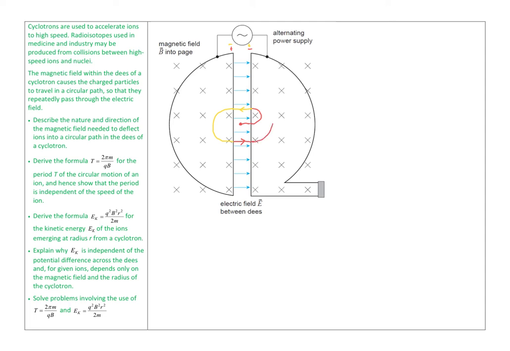It's moving a bit faster, so the radius will be even a bit bigger. It'll get to this point, it will have flipped, it'll go across here, it'll gain some more velocity or some more energy due to the electric field caused by the potential difference between those two Ds, back into the magnetic field, and it will go with an even more increasing radius.